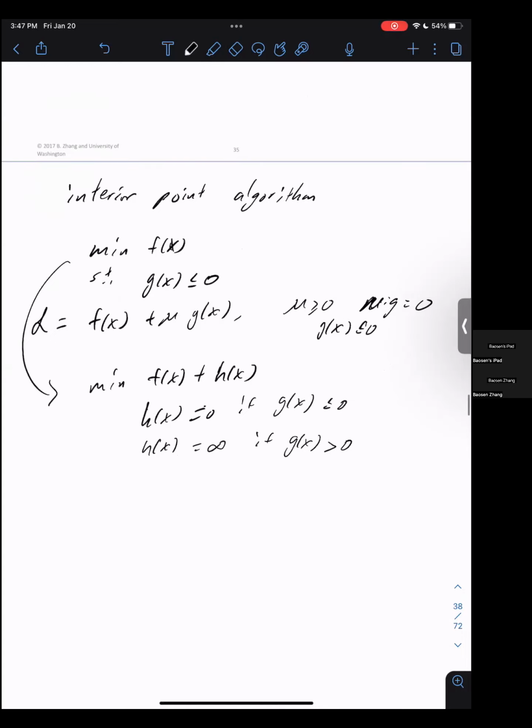So the question is, what does this function look like? The function looks like this, right? It's 0 here, then infinity everywhere else, okay? Of course, this is not a very nice function. So is there a nicer version of this function? Can you think of a function that's almost like this? What function goes to infinity when something approaches there?